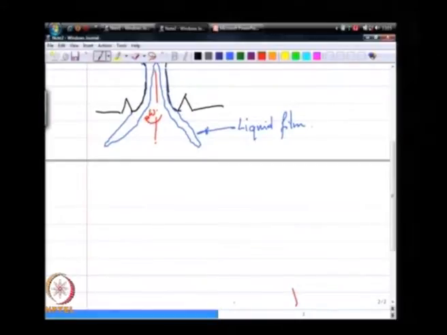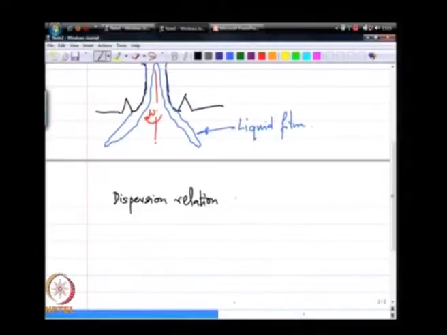So, the way we suggested we could model this in one of the earlier classes is you can develop a dispersion relation governing the linear instability, the growth of small instabilities on this system. That dispersion relation gives you omega as a function of k. K is your wave number.